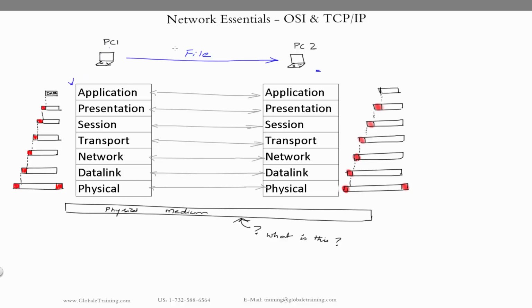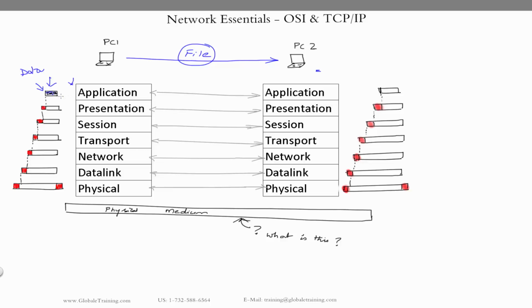So let's say again PC1 is trying to transfer a file to PC2. Let's say that file is big and your computer breaks that into small pieces, and now let us assume that this is the first piece of the file that is being transmitted, this one. Okay, that's the data.